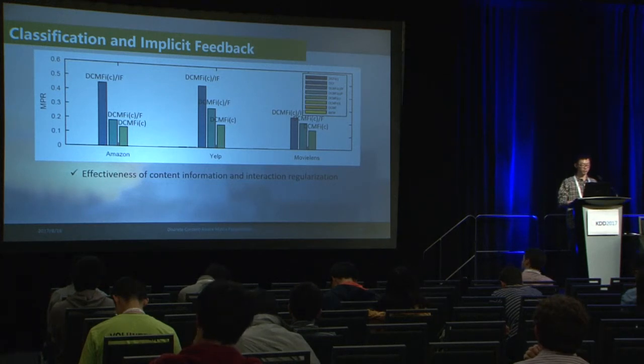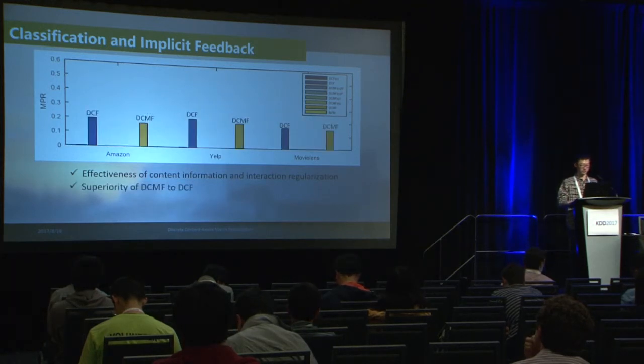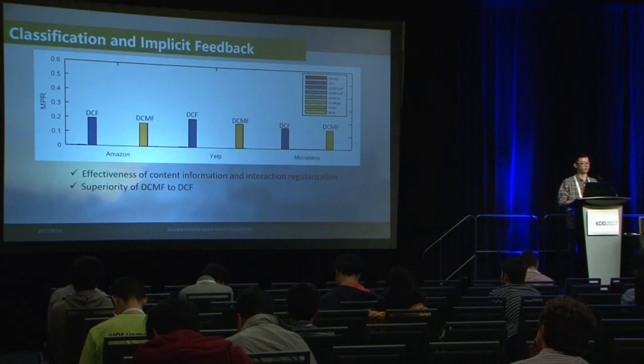So based on the comparison among them, we can show the effectiveness of both content information and interaction regularization. Second, by comparing DCF with DCMF, we show the superiority of DCMF to DCF.